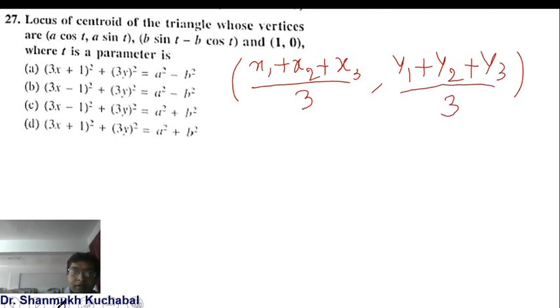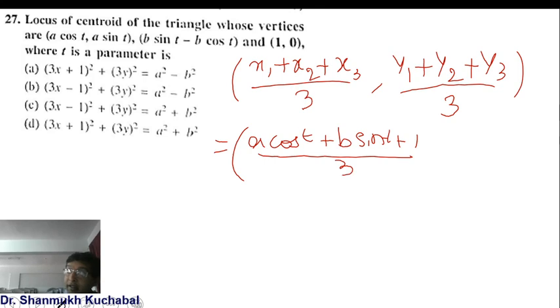So substitute all these values. We get a cos t plus b sin t plus 1 whole divided by 3, and one more, a sin t minus b cos t whole divided by 3.